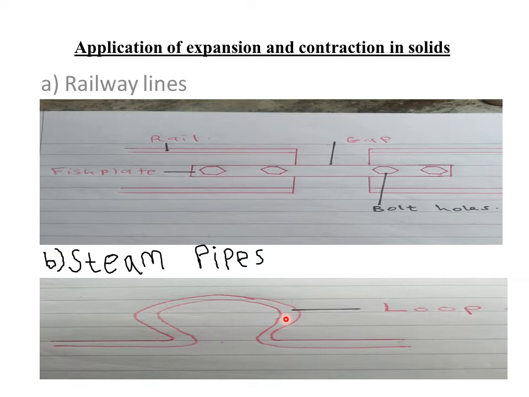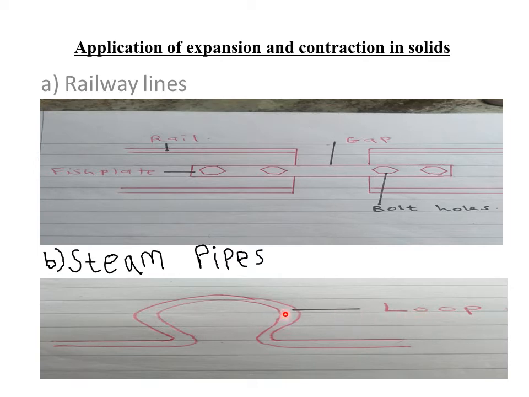If the pipes were not fitted with the loops or expansion joints, then when the steam is passing through them, the pipes would expand and contract. The forces of expansion and contraction within those pipes would cause breaking of the pipes. If you look at the pipes of oil transporting companies, they are usually fitted with loops.